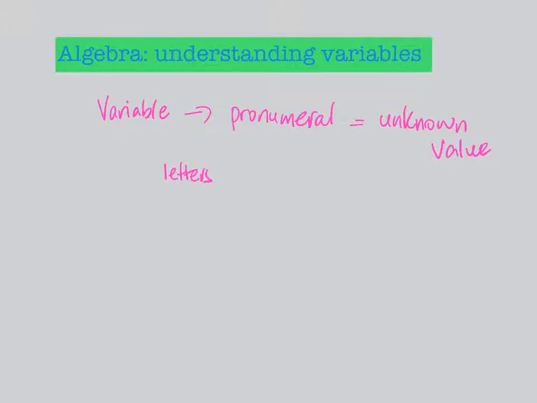So even though we're dealing with maths and numbers, if we don't know something, so it's unknown, we're going to use letters to represent that value. Okay, so let's get started with some examples of understanding why we're looking at particular variables in the first place.